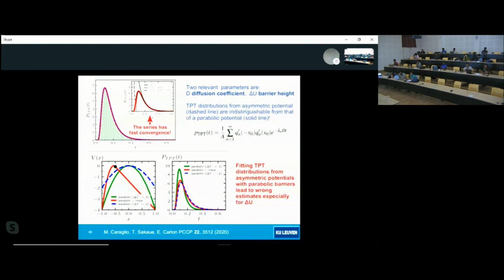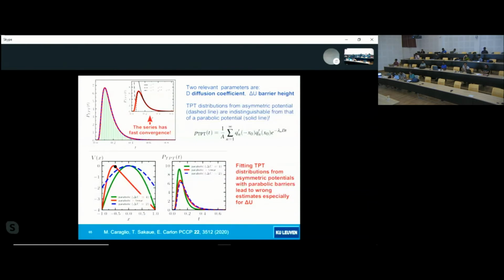The bottom figure shows on the left the potential V of x. We start with the green, which has a barrier height delta U equal to 4. The red is a linear potential with a strong asymmetry. And the dashed one is a parabolic potential with half of the barrier height, so the barrier height is 2 in these units.